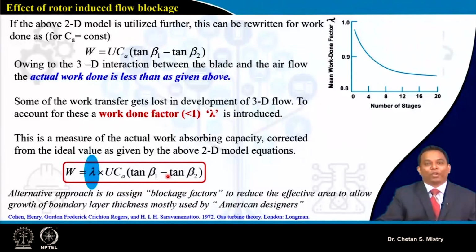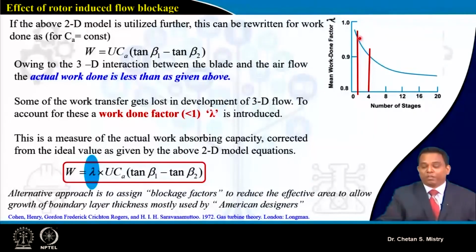This is a reported work by Cohen and Rogers, and according to them, there are some numbers representing my work done factor, and on the x-axis we have the number of stages. Suppose I am considering my first stage design, I will select my work done factor in the range of 0.96, 0.97.